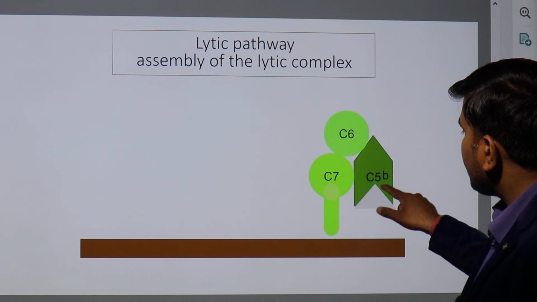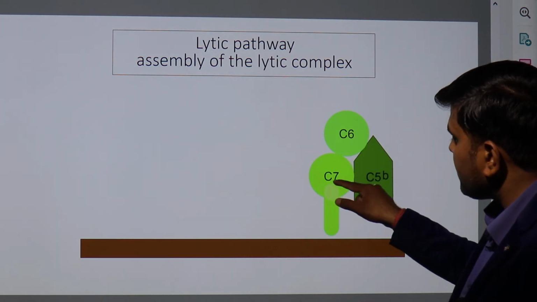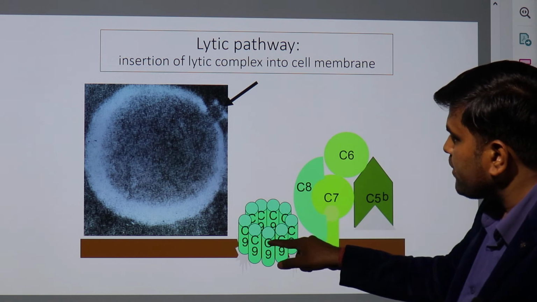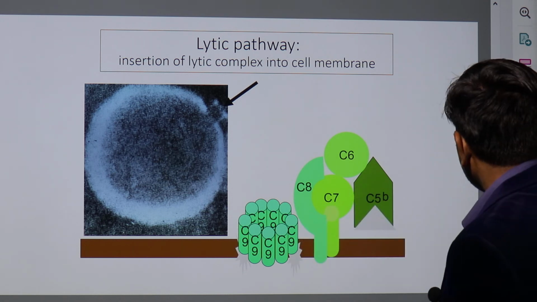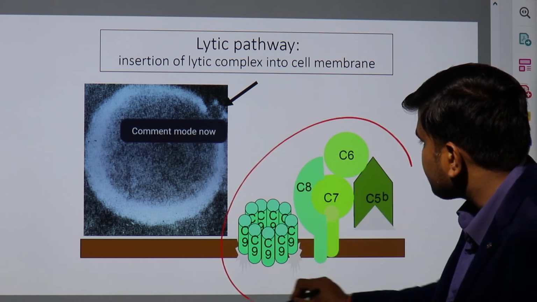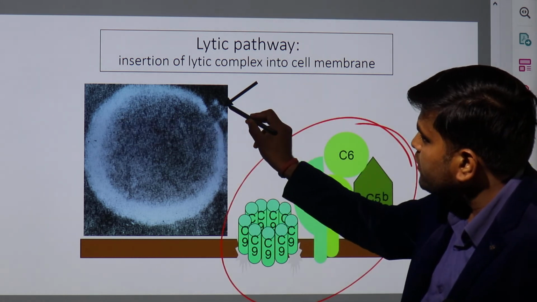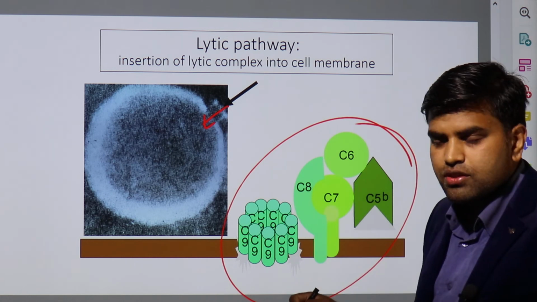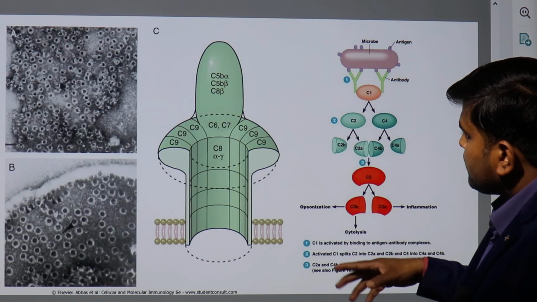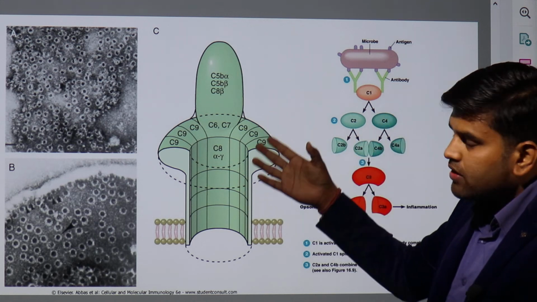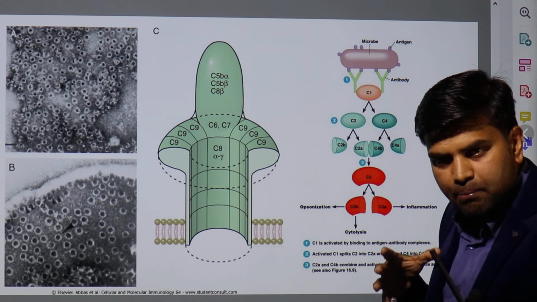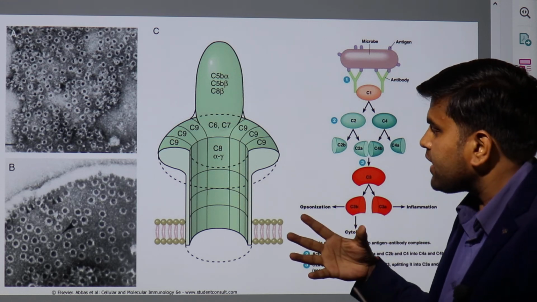C5b will be attached, then 6 and 7 will come, then 8 will come, then 9 will come, and this all is the membrane attack complex. This membrane attack complex has now cleaved your bacterial cell, causing lysis of the bacterial cell and killing it. So this is your membrane attack complex. It looks like a missile because it enters inside the cell, forms a pore, and then kills that bacteria.